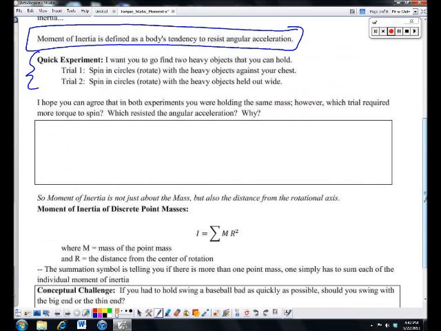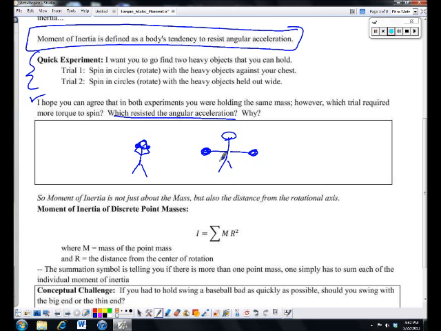All right, so now that we're back, I hope you agree that they were not the same difficulty, even though they're the same mass. And what was your reason that it was different? I hope you recognize that when you held the objects really close to your body, it was very easy, and when you held the objects far away, it was really hard.